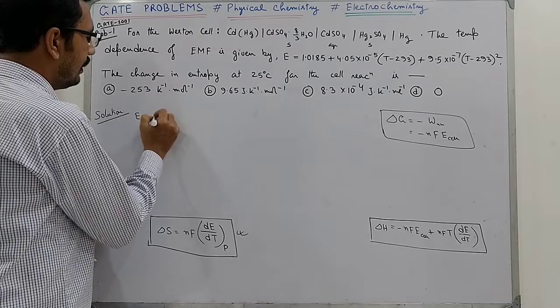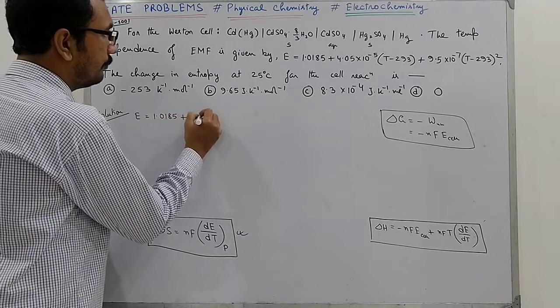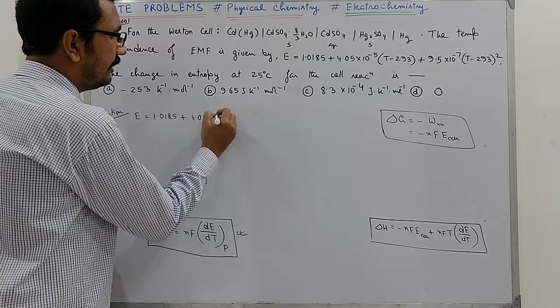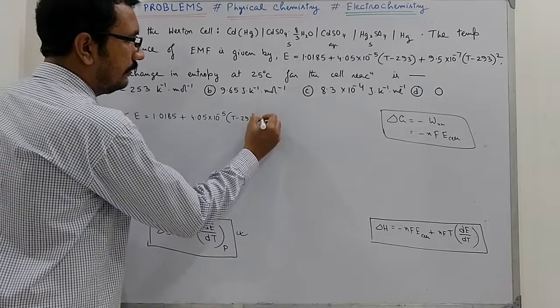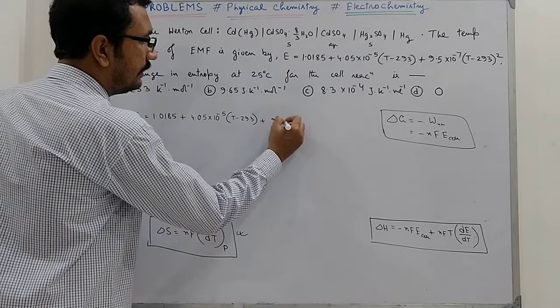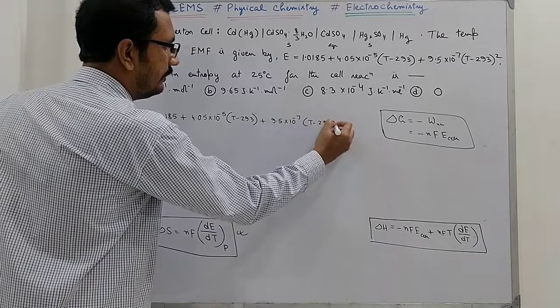See, E equals 1.0185 plus 4.05 times 10 to the power minus 5 (T minus 293) plus 9.5 times 10 to the power minus 7 (T minus 293) whole square.